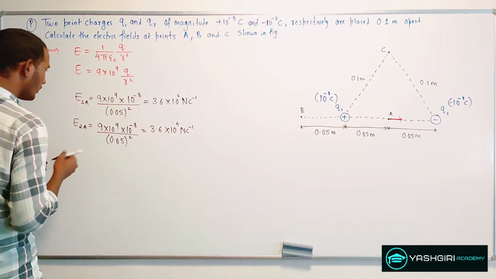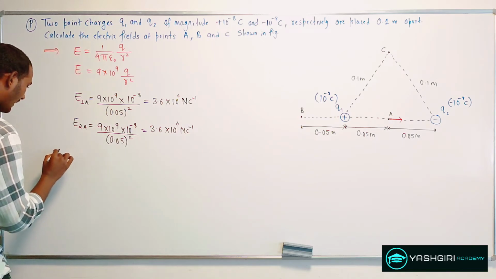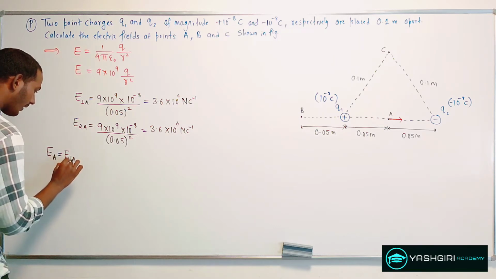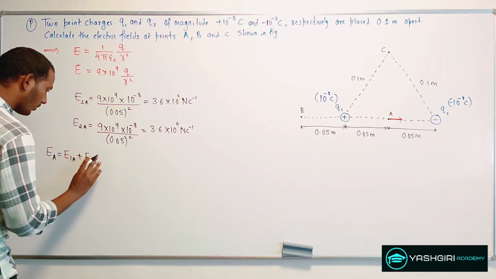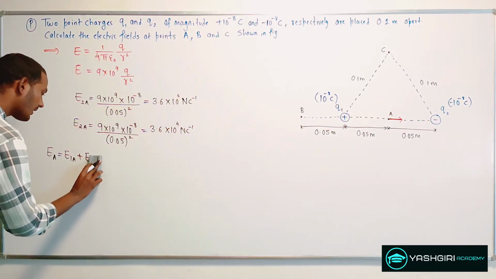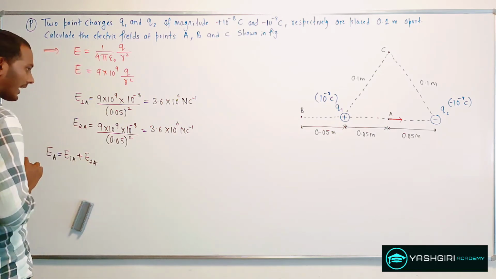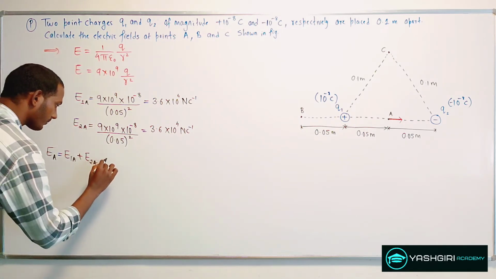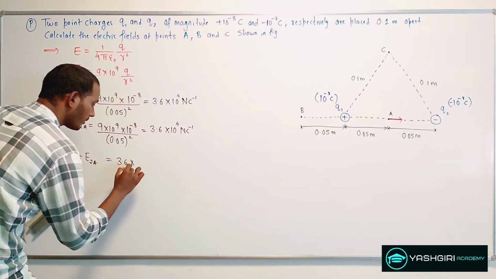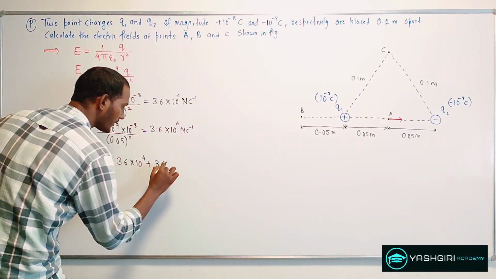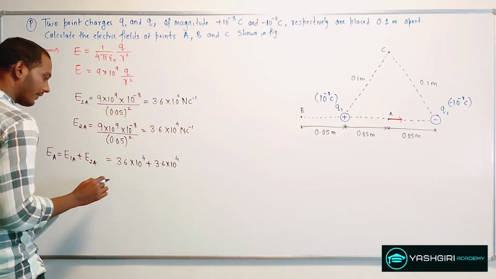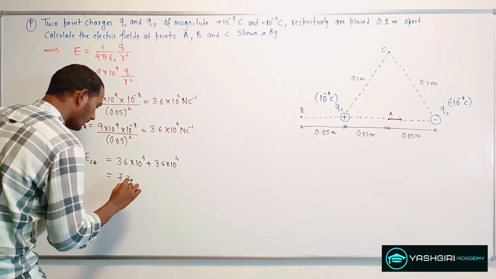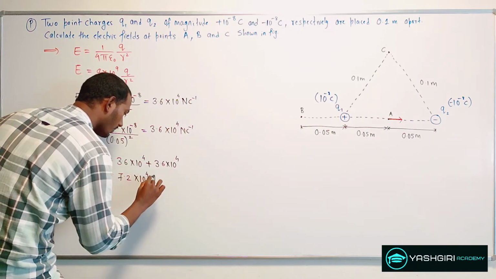The electric field at A is equal to E1 of A plus E2 of A. So here it is just the addition of these two: 3.6 into 10 to the power 4 plus 3.6 into 10 to the power 4, and that will give me 7.2 into 10 to the power 4 Newton Coulomb inverse.